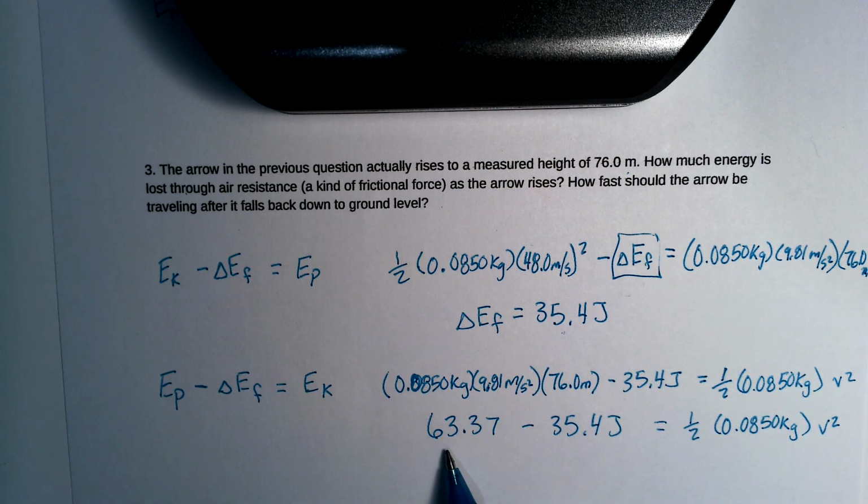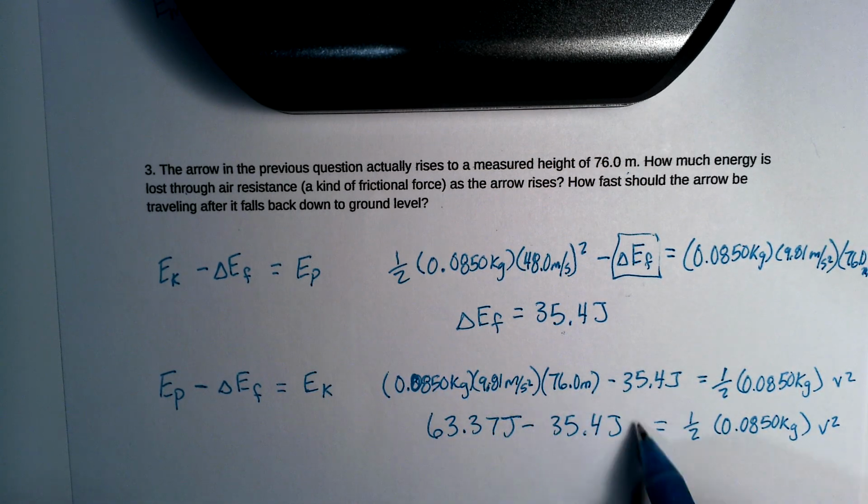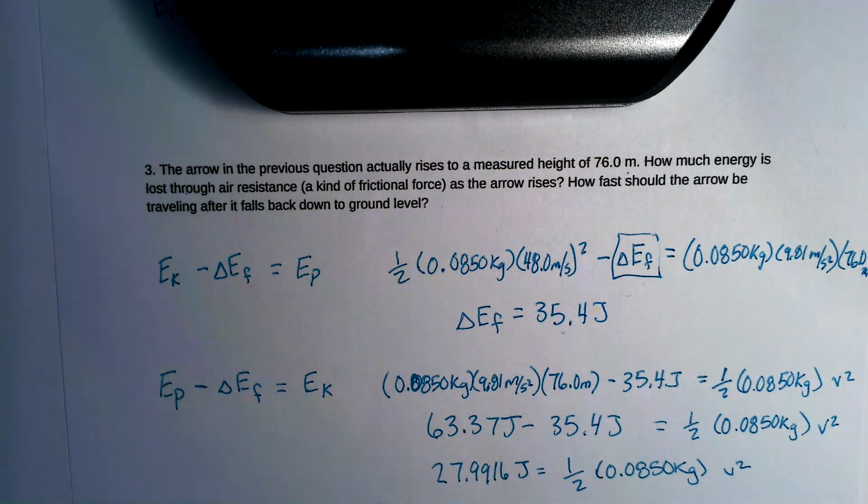So we have 63.37 joules minus the 35 we lost there is equal to 1/2 mv squared. Again, I use the total numbers for these, not the rounded ones. And that gives us 1/2 mv squared over here.